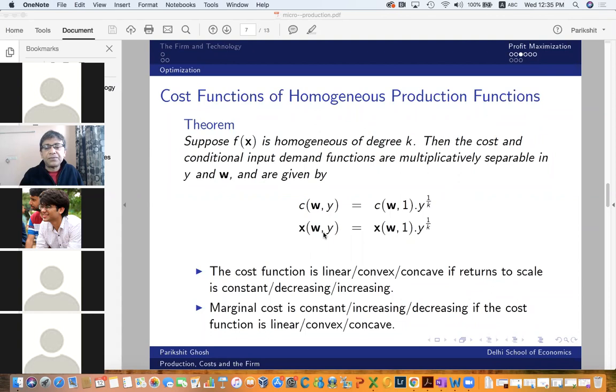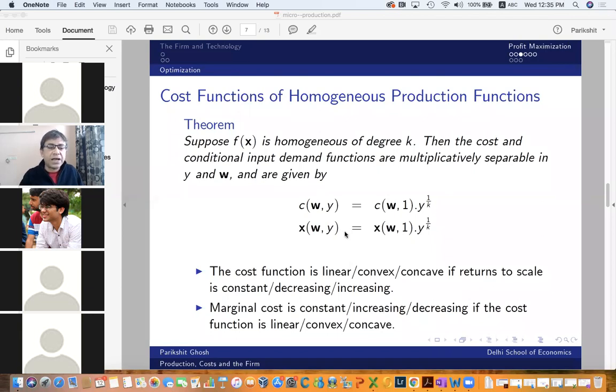And the same kind of link exists between the production function and the input demand functions. The input demand for this production function can also be written as some constant times y to the power 1 over k.